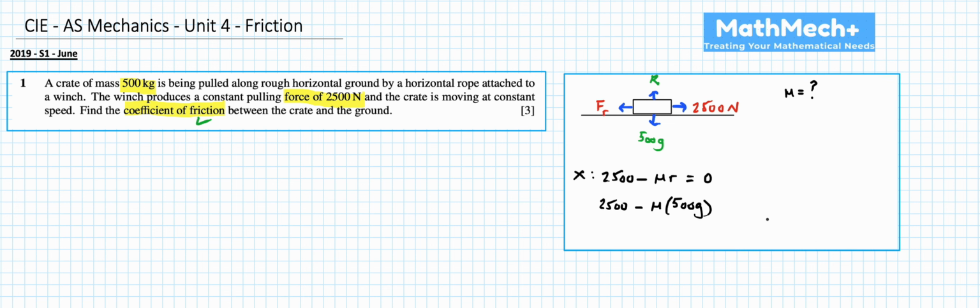And just plug in those values basically. There's not really much to this at all. So mu is equal to a half, it looks like, yeah, 0.5. And that's that first question.